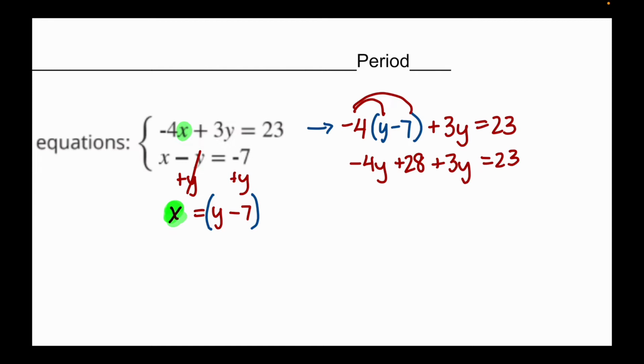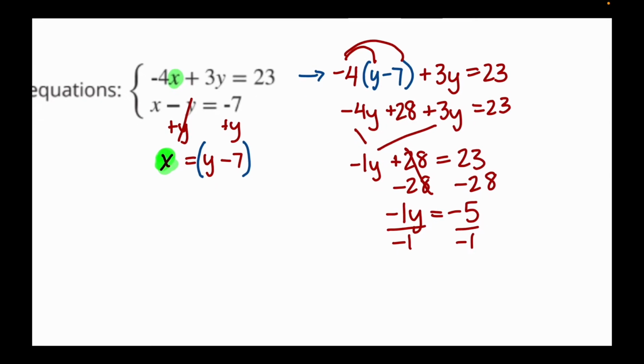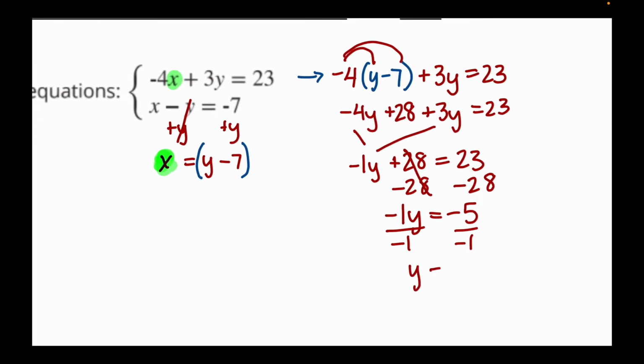Negative 4y plus 3y is going to make negative 1y, and then we still just have plus 28. That's going to equal 23. Let's subtract 28 from both sides, and that will leave us with negative 1y equal to negative 5. So here, if we divide by negative 1, we get that y is equal to 5.